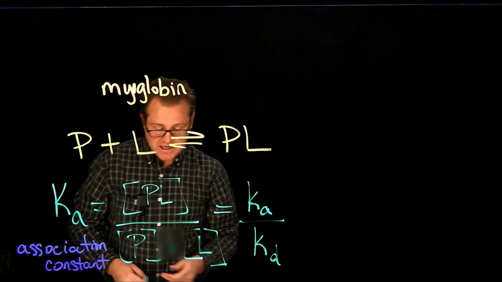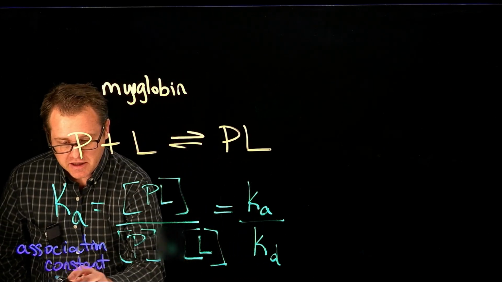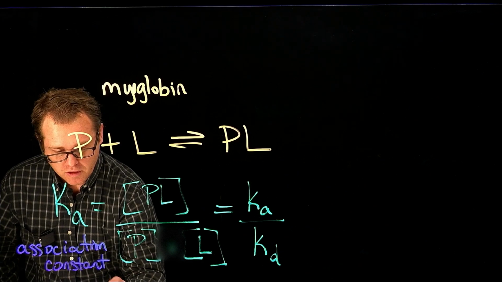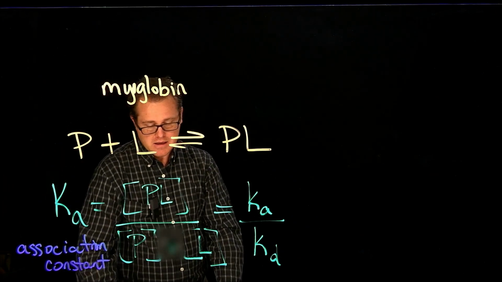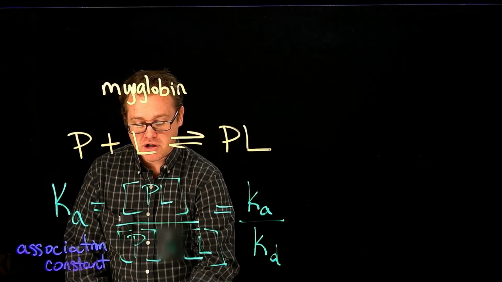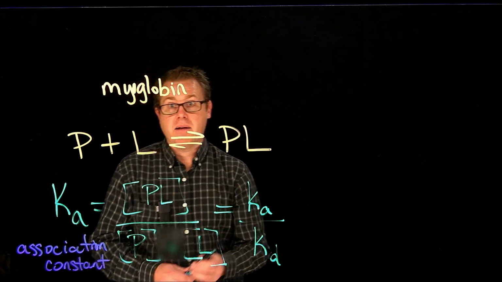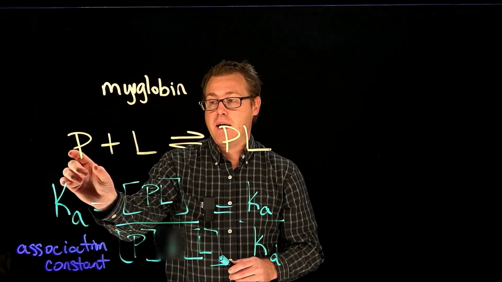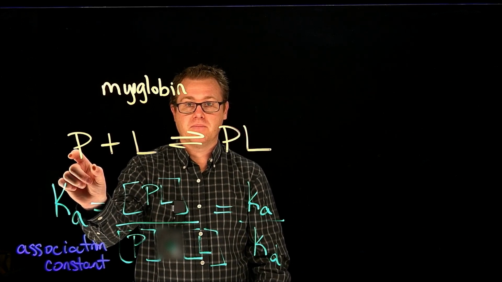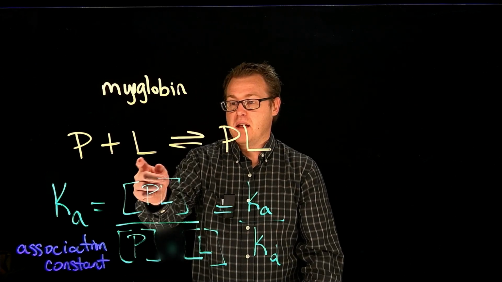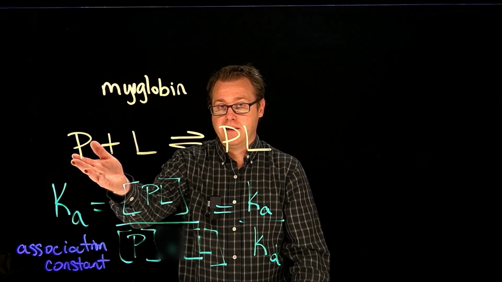The association constant has units: Ka equals inverse molar. What that means is if this value is a large number, then the ligand binds very, very well to the protein of interest. On the flip side, if we have a small Ka, then the ligand doesn't want to bind with the protein very well.